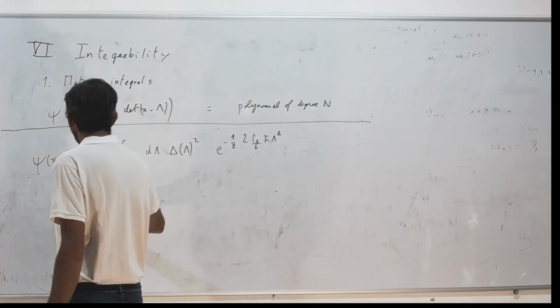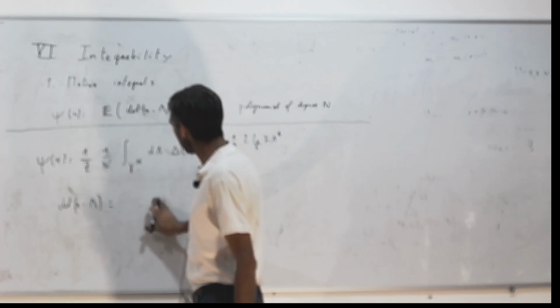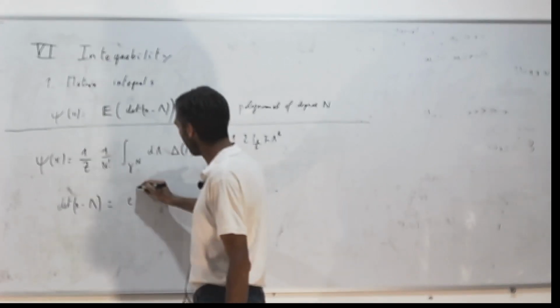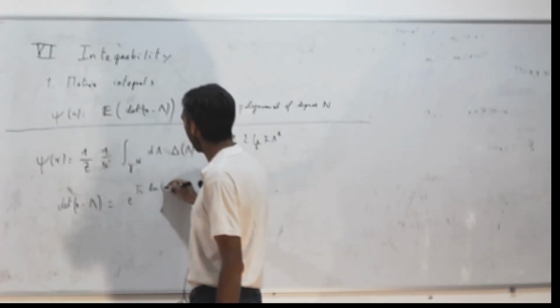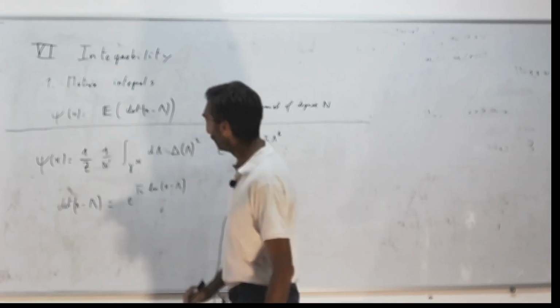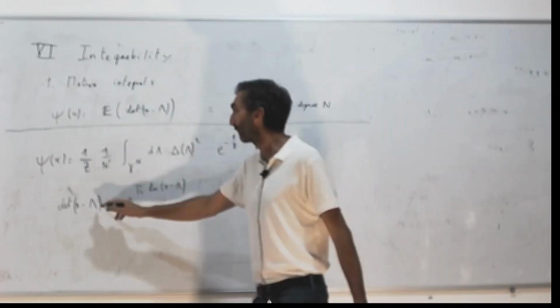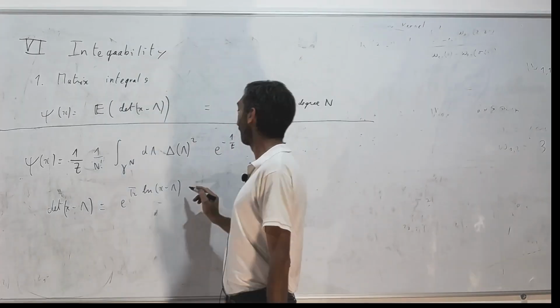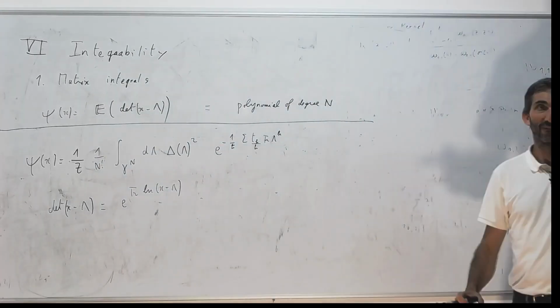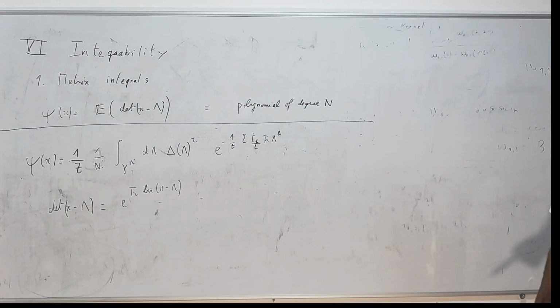I don't know if you know the following formula, which is very useful. This is also the trace of log of x minus lambda. To see it, just write that this is a product, and this is the exponential of a sum. This is a trivial formula, but it's very powerful.